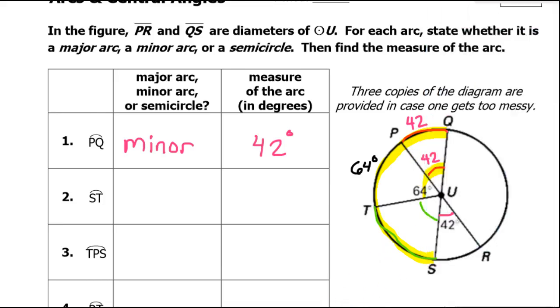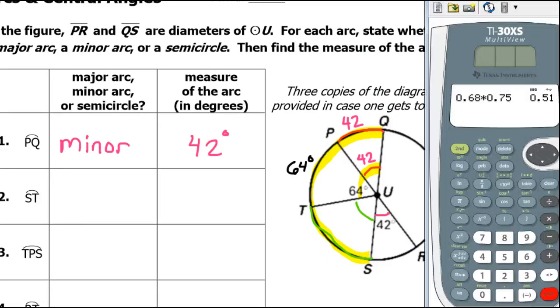Okay, maybe I'll scoot over just a little bit. So if I start with 180 degrees and I subtract the 64 and I subtract the 42 that I already have, that leaves 74 left.